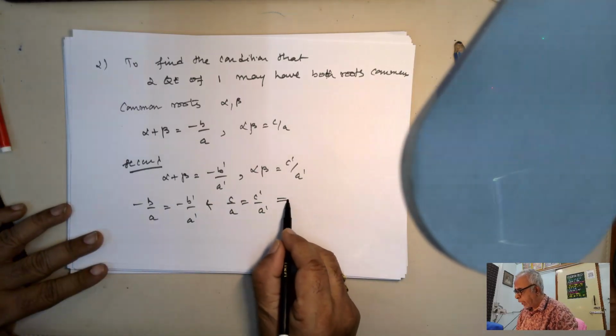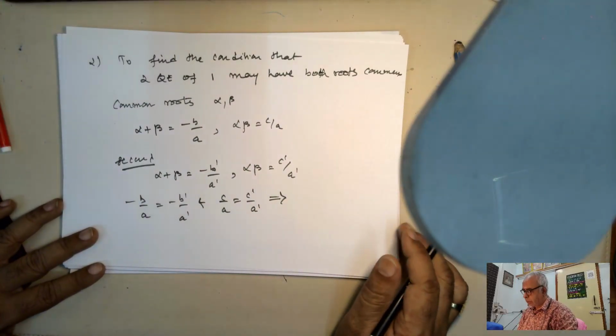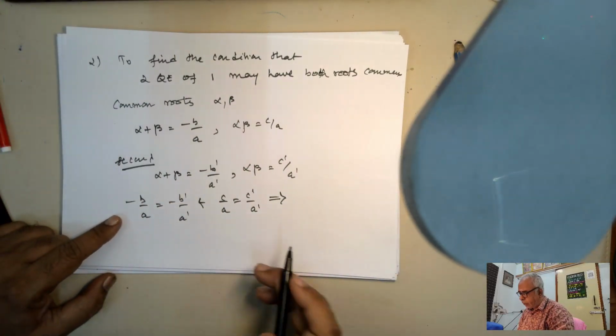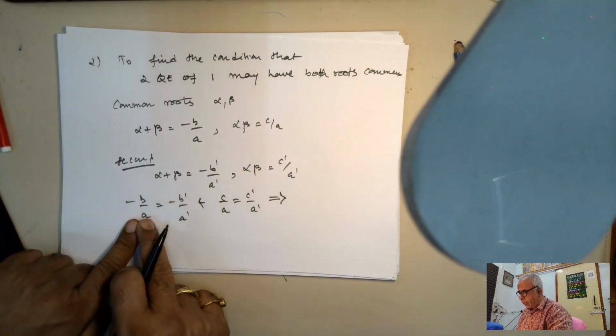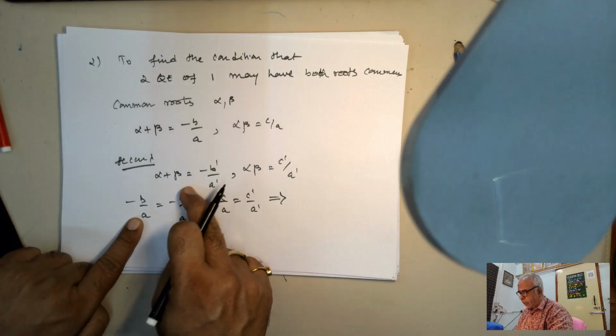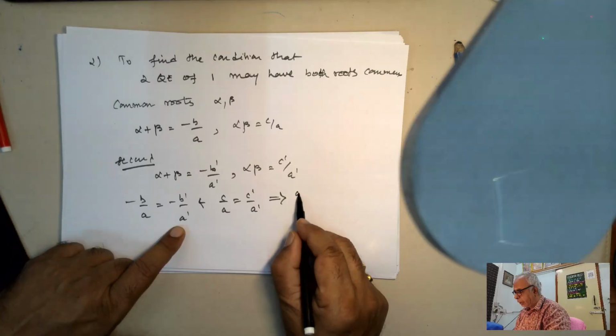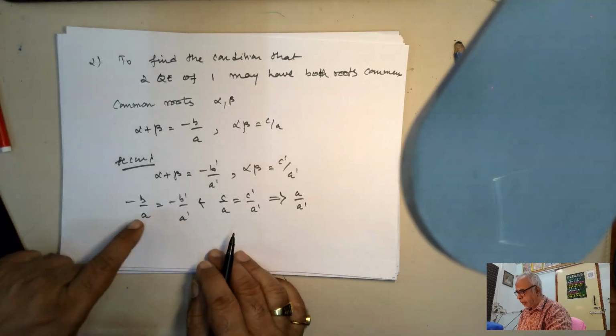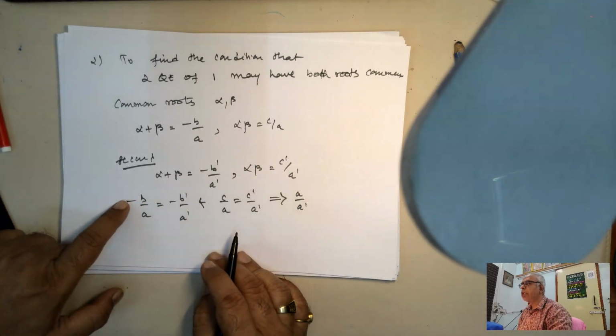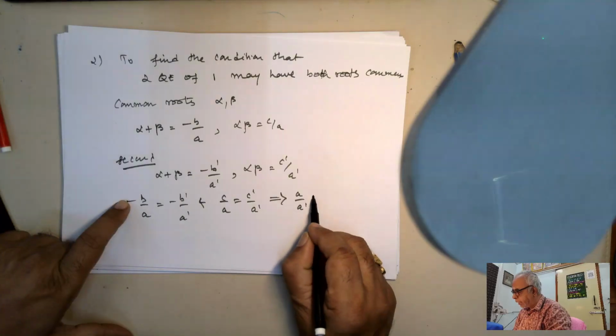So it implies you can rearrange. For example, you can put the a here and b dash here, so a by a dash is equal to b by b dash.